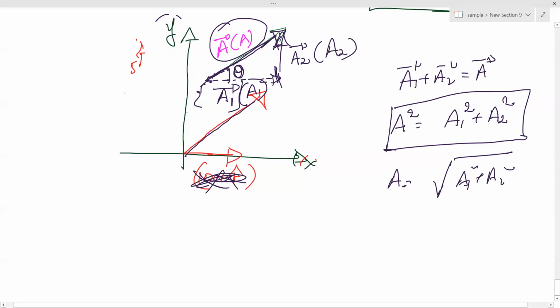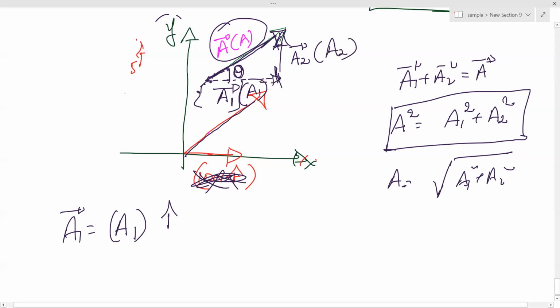I cap, positive x direction. A2 vector is along which direction? J cap. So can I write A1 vector is equal to the magnitude of A1 into i cap, because you have written 5 newtons in the x direction, 5 newton i cap.